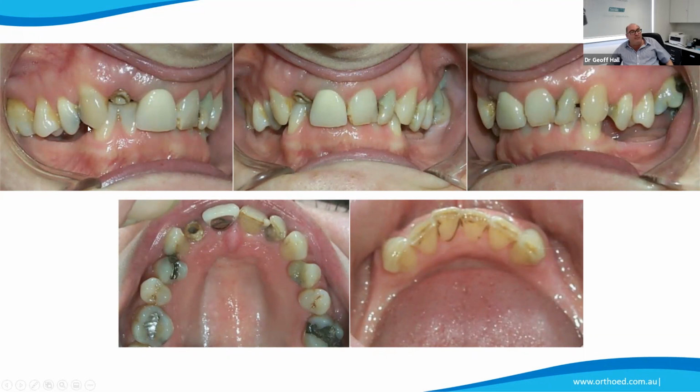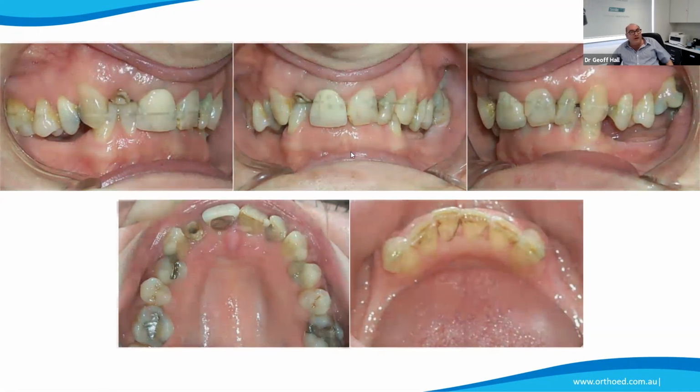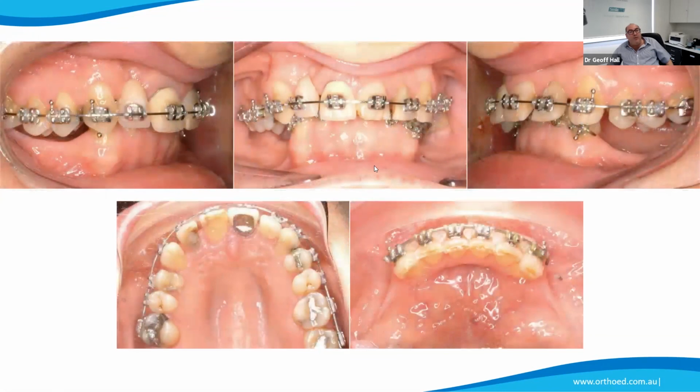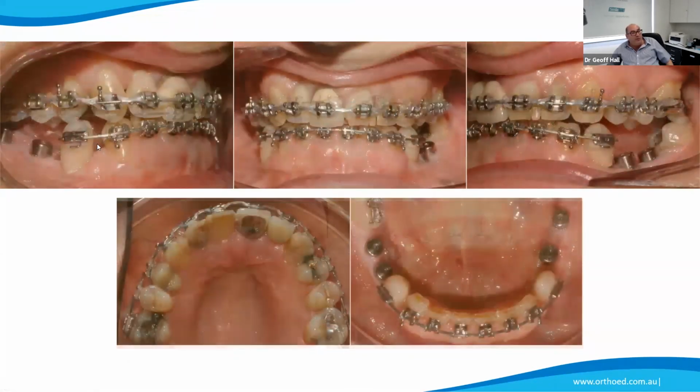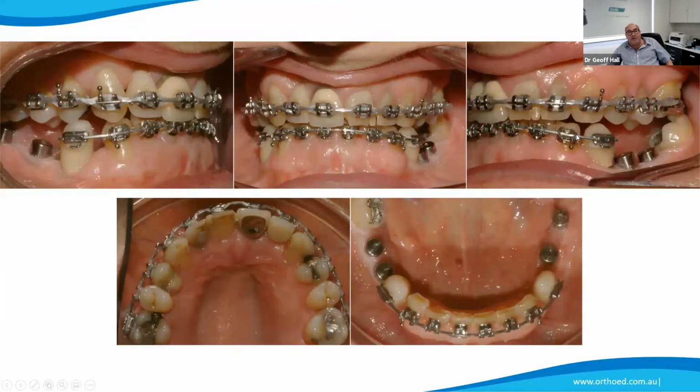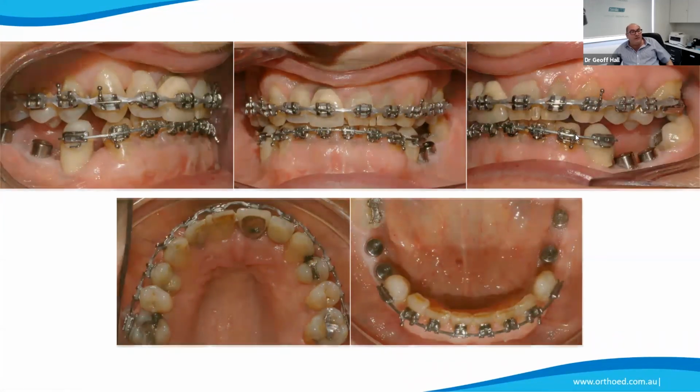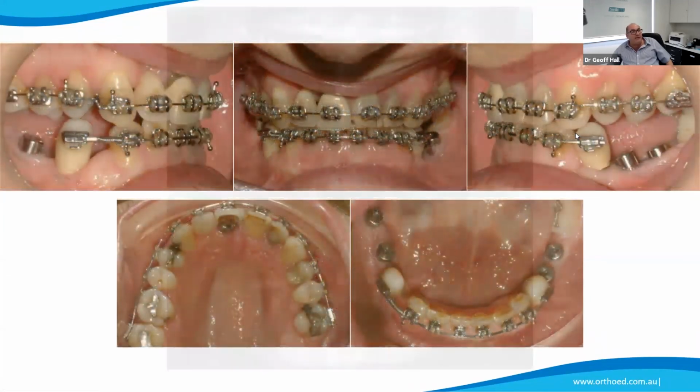So we did a combination of endo, ortho, implants, orthodontic surgery. She had the whole works. So we lined her up. We did orthodontic surgery to bring her jaw forwards, and then we put implants in, etc., etc. And I say we, the periodontist. And so let's have a look at how she finished.